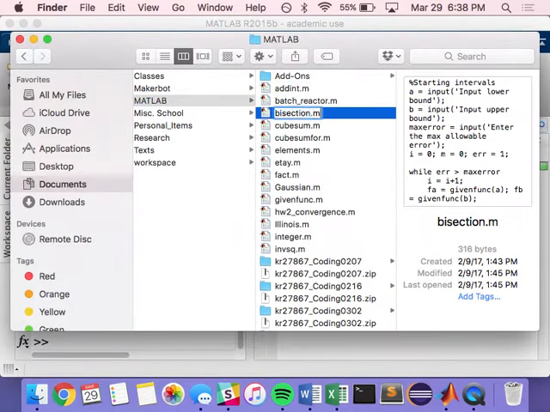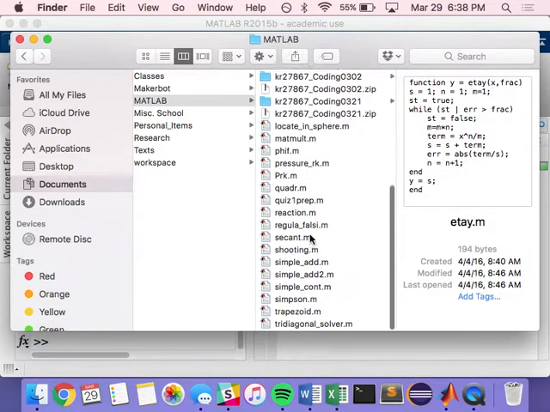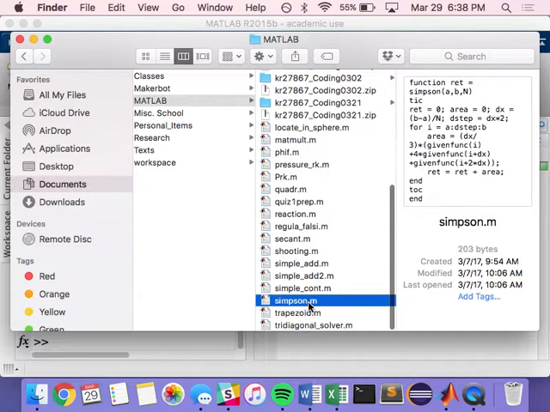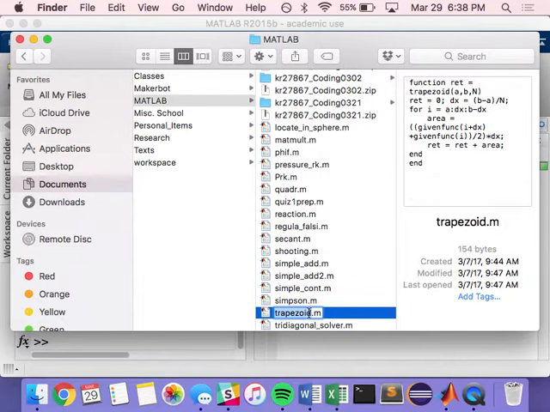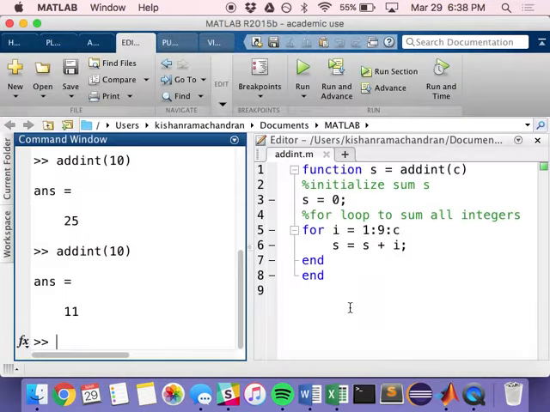So I think what we'll do, let's see if I find it, is we're going to go over, do you see it? Oh, it's right here. There you go. The trapezoid method.